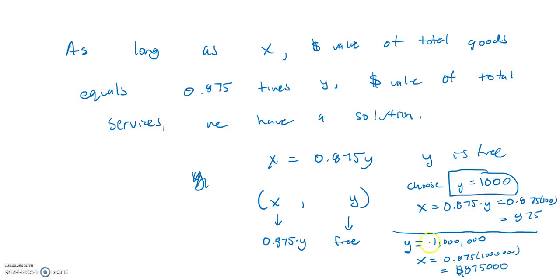So as long as I produce $1 million worth of services, I should produce $875,000 worth of goods. That way my income equals my expenditures, and there's a complete break-even point. That is really what it boils down to.